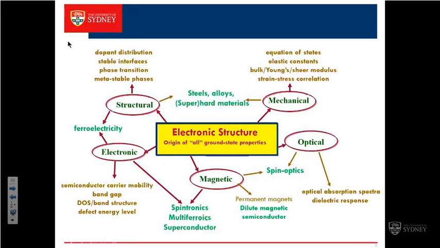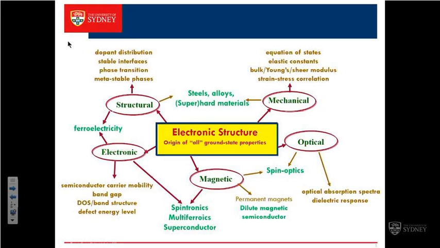From the electronic structure, you get the structural properties, the atomic positions, and whether or not a material is stable, metastable, or unstable. You can calculate dopants in various materials. You can predict phase transitions. You can also investigate the ferroelectricity of particular materials.